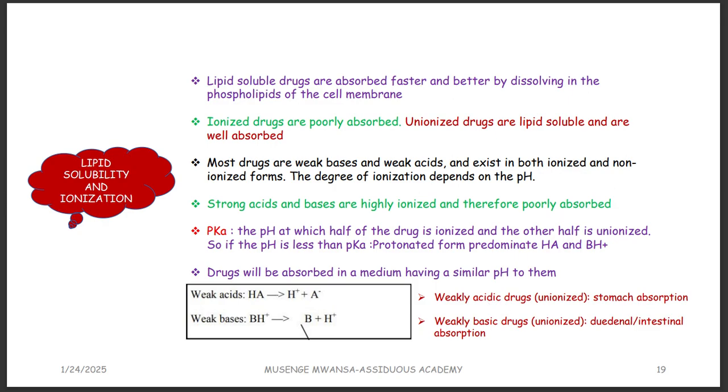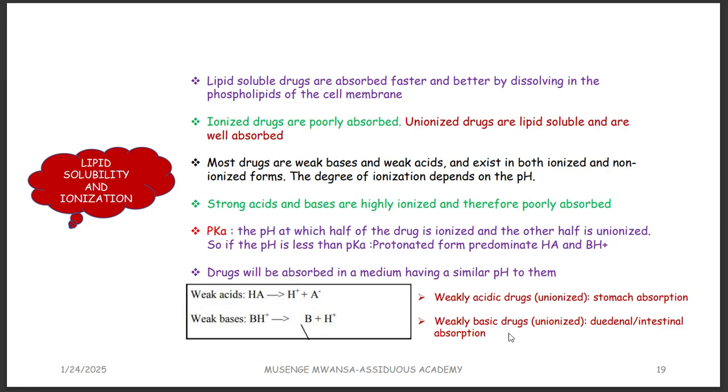The stomach has got acid, right? The stomach has got acid, and like absorbs like. So acidic drugs are going to be absorbed in the stomach because it is acidic. Please take note that these are weakly acidic drugs, not the strong acidic drugs, because those have got poor absorption.